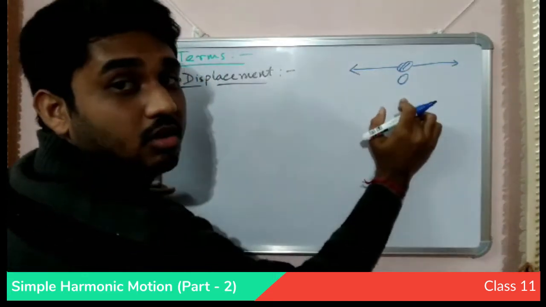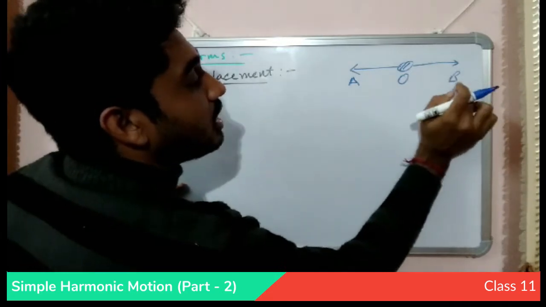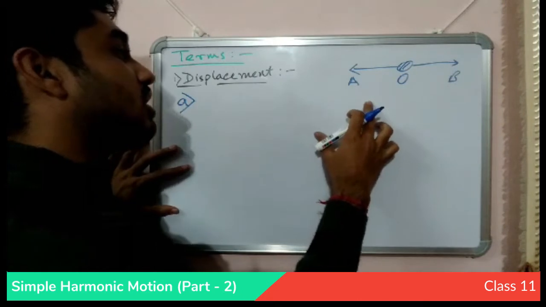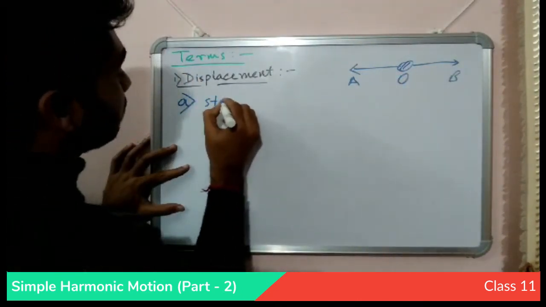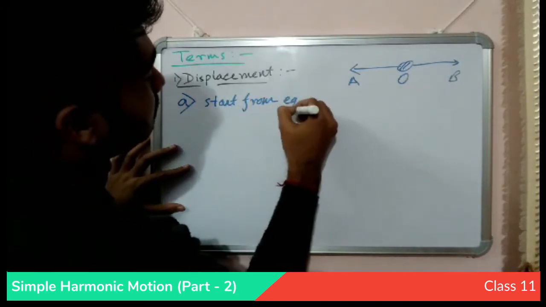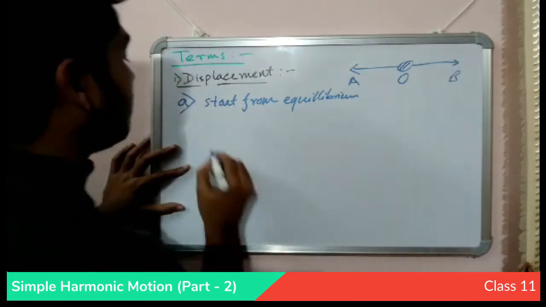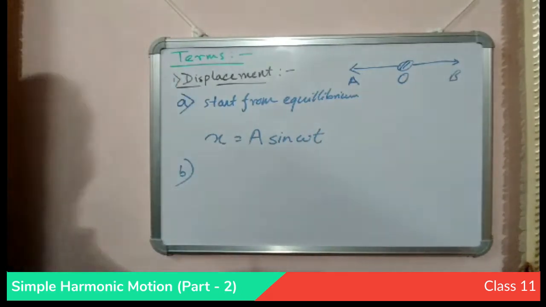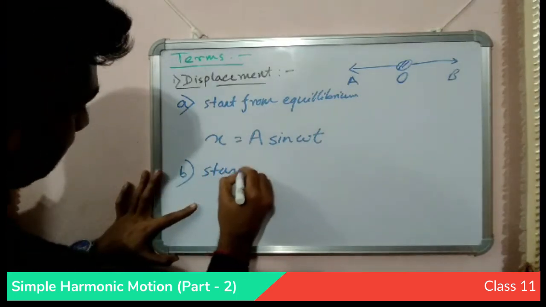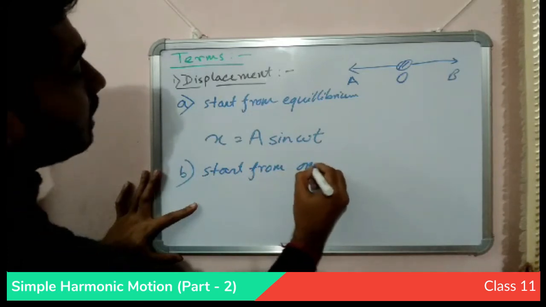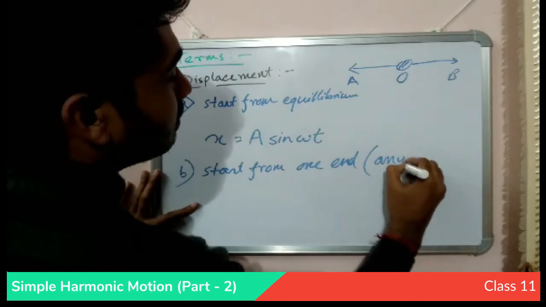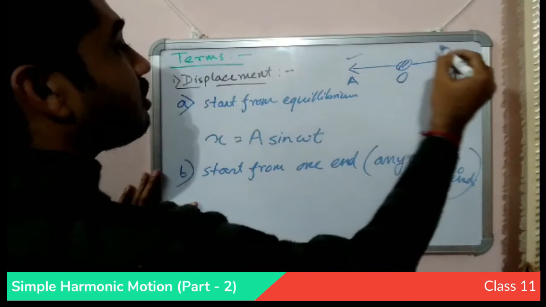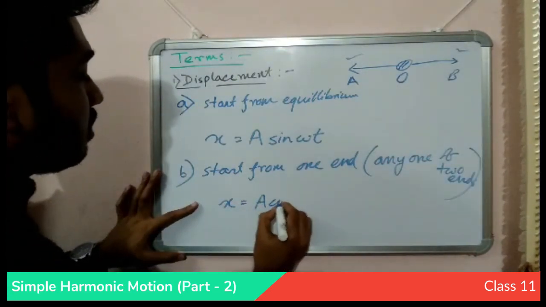This is the equilibrium position O. This is endpoint A and this is another endpoint B. So if we start from the equilibrium position, then x is equal to a sin omega t, and if we start from one end, any one of the two, it may be this end or this end, then x is equal to a cos omega t.